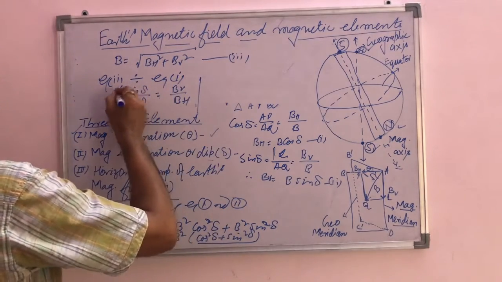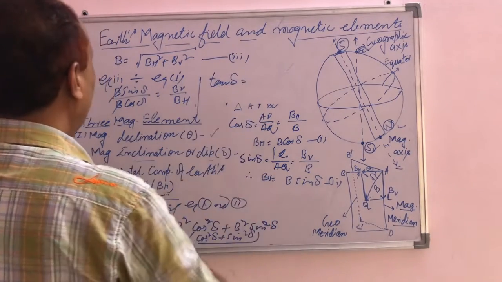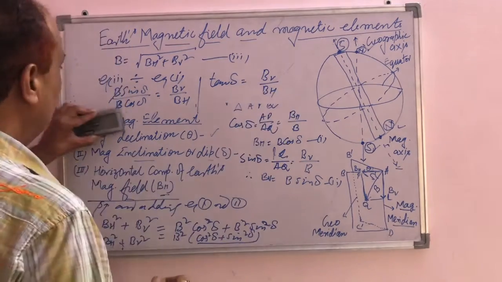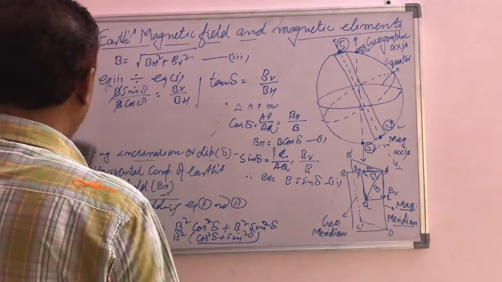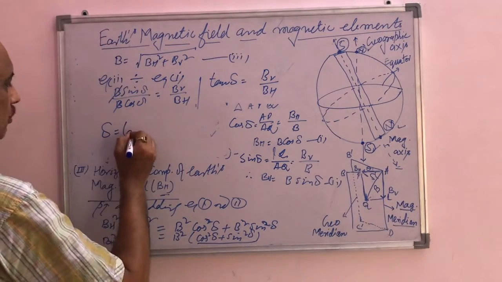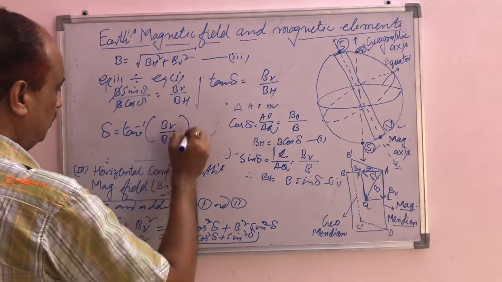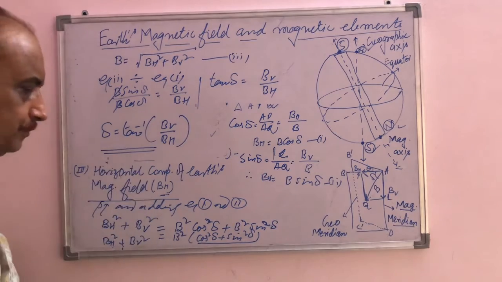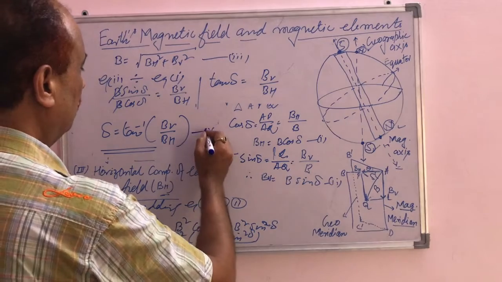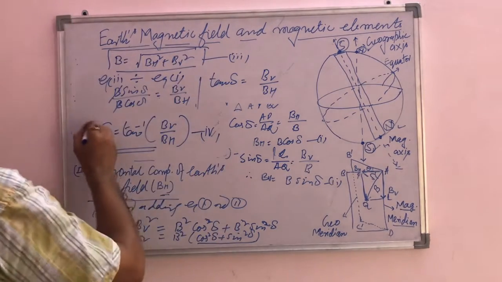B cancels B, sin delta upon cos delta is tan delta, so tan delta is equal to BV upon BH. From this expression we can write the value of delta: delta is equal to tan inverse of BV upon BH. So from expression number 4 we can find the dip or magnetic inclination, and the previous formula is used to find the total Earth's magnetic field.